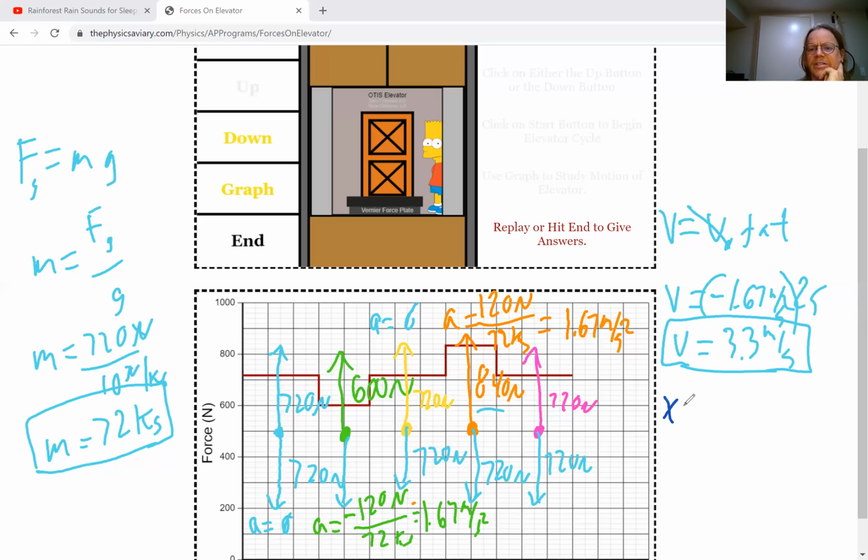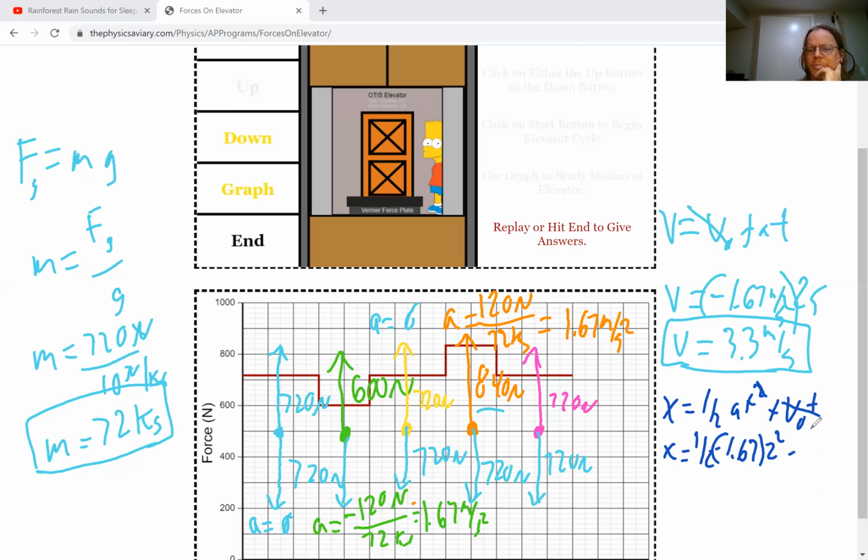So where the x is 1/2 at squared plus the initial velocity times time. My acceleration for that is negative 1.67. Then my time I'm accelerating is 2 seconds. Square it. My initial velocity is 0.